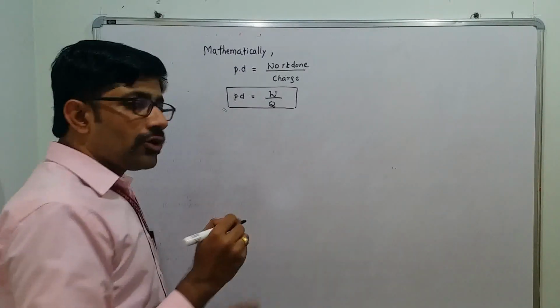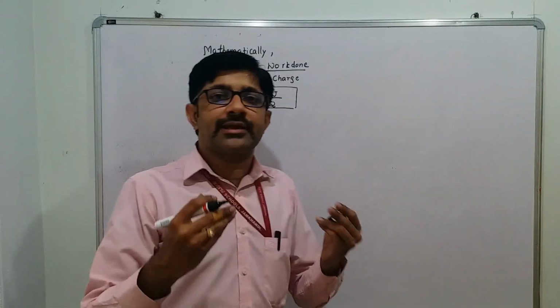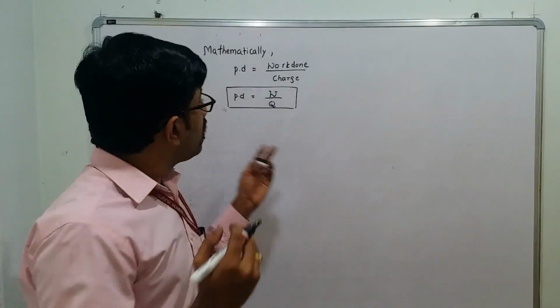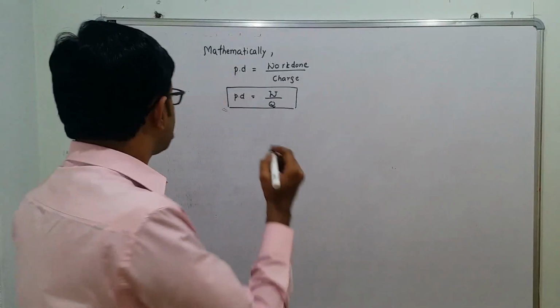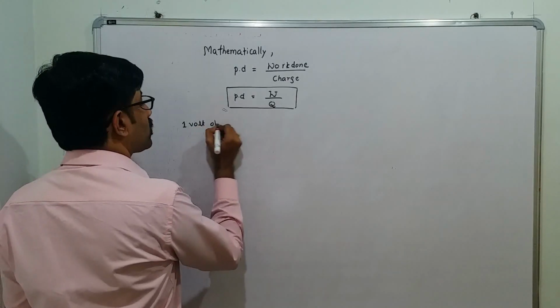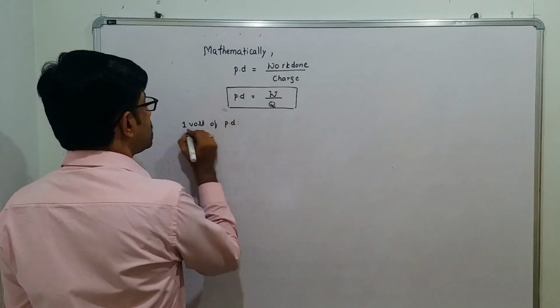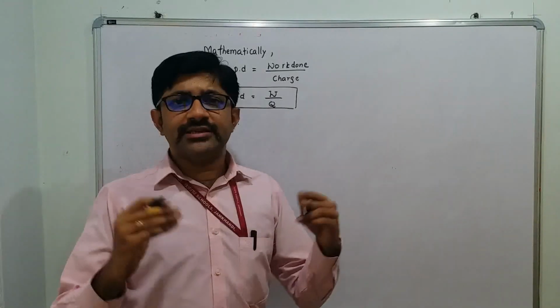As I already said, since it is the difference in the electric potentials, the SI unit, that is volt, remains the same. Let us define 1 volt of potential difference. What does it mean?